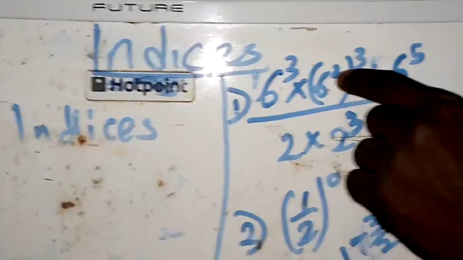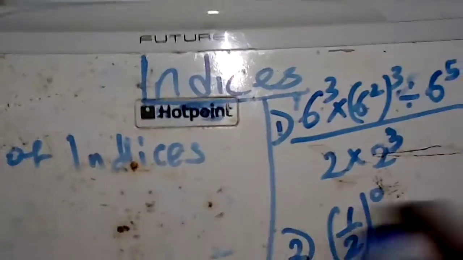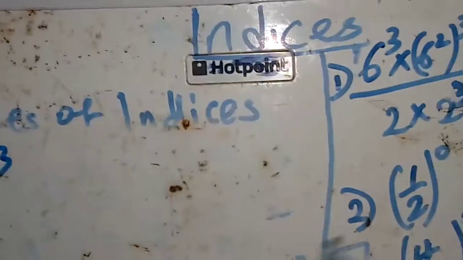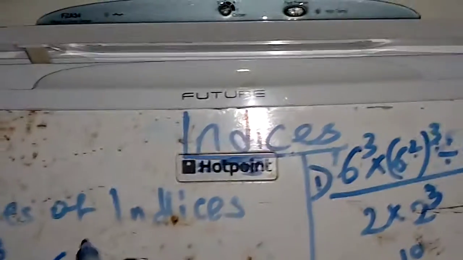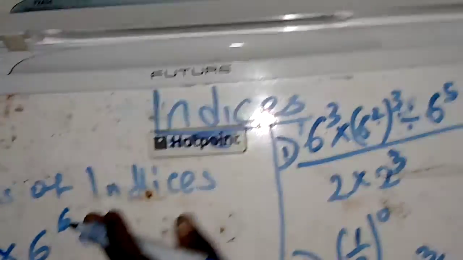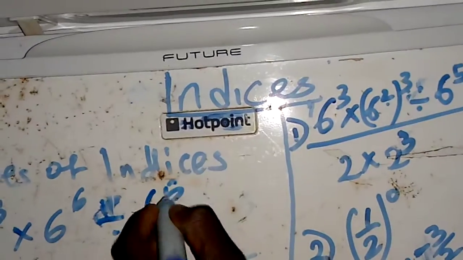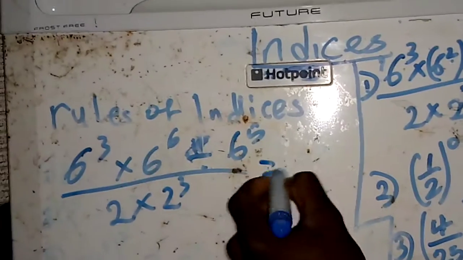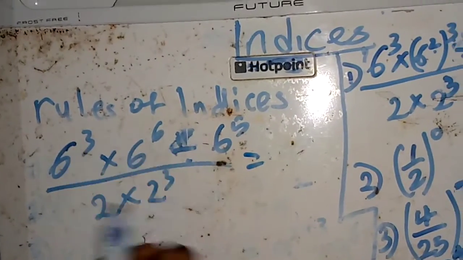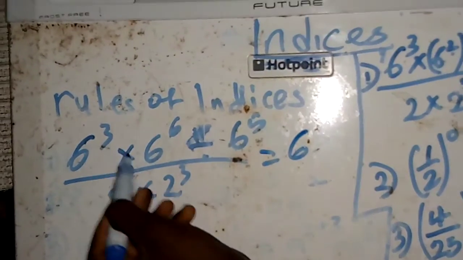We've treated this rule. Let's write it out: 6 raised to power 3, and you can say 2 times 3, that's 6, times 6 raised to power 6, divided by 6 raised to power 5, divided by 2 times 2 raised to power 3. Here it's the same base but different powers, so you pick one base, then times turns to plus.